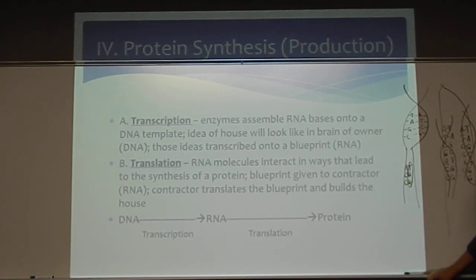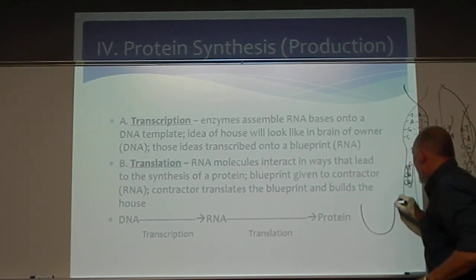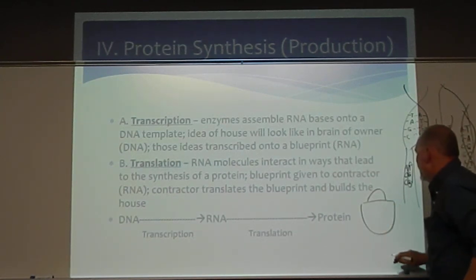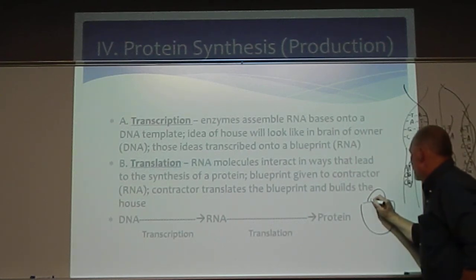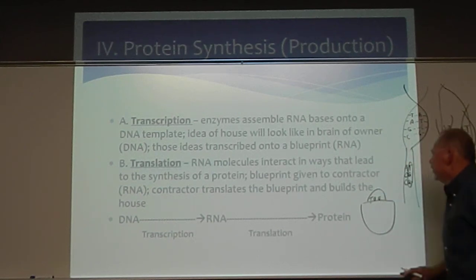Now the RNA molecule, there are several of these that interact with each other. And finally, the RNA is taken to the ribosome, and there's ribosome RNA there. And here's our T, G, and G, right?